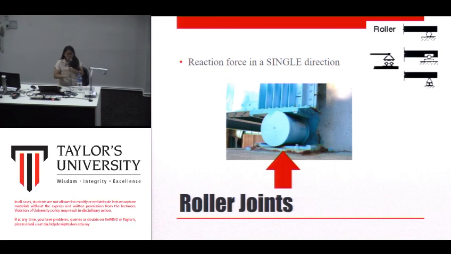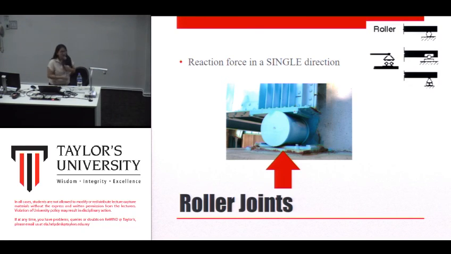When there is no movement restriction in that direction, there is no reaction force because it allows the structure to move. There's nothing to tie it back. So how to react? Logic?